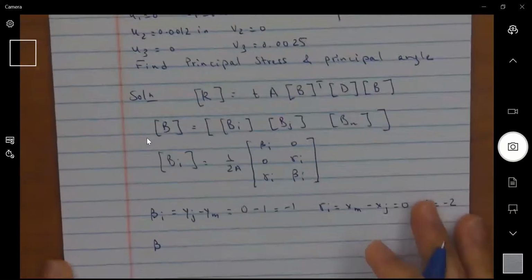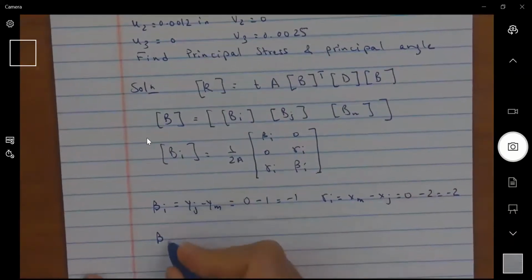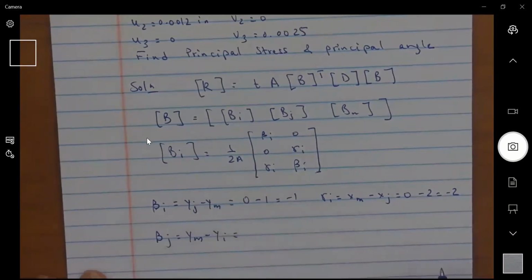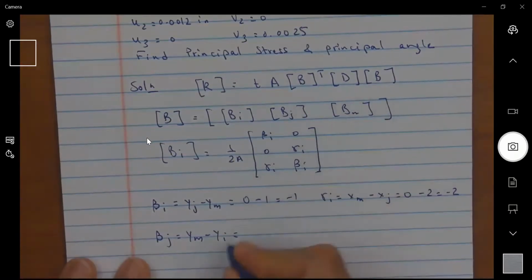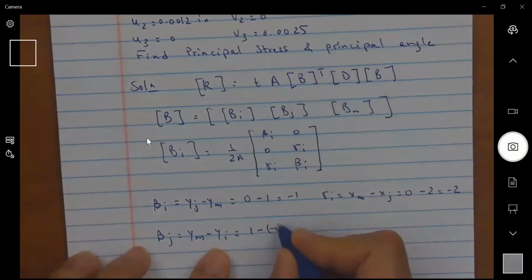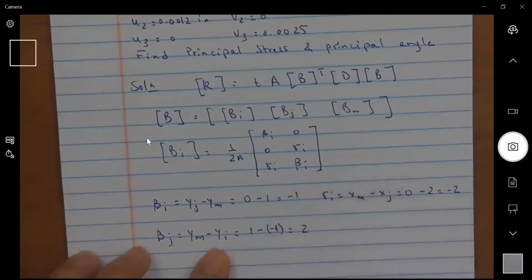Beta j is equal to ym minus yi, and ym is a 1 minus yi is a minus 1. So I get here a 2.